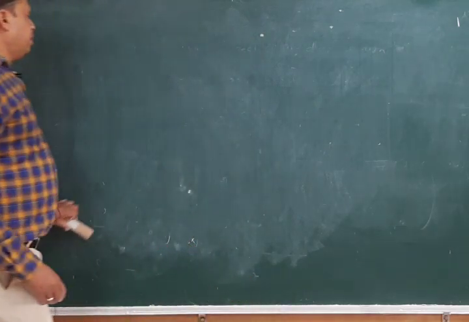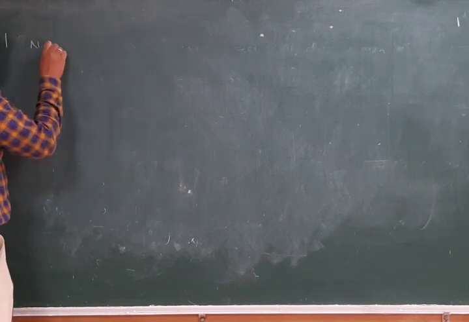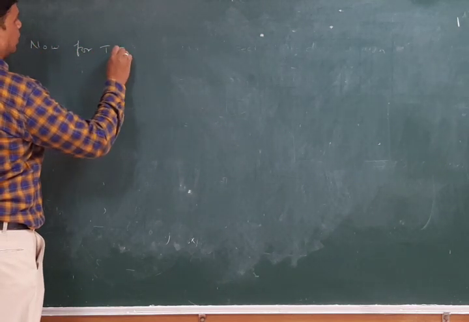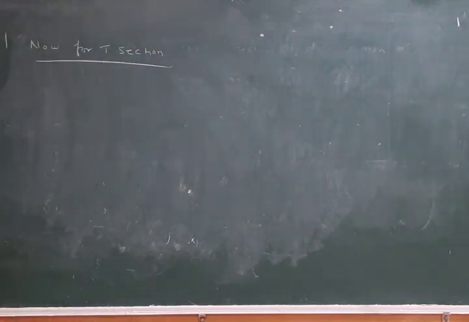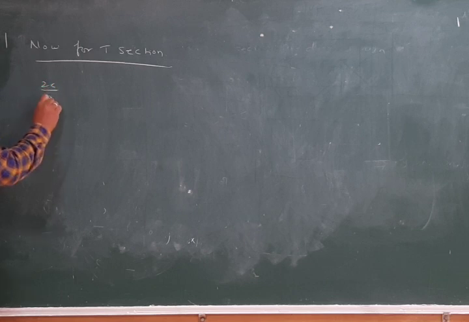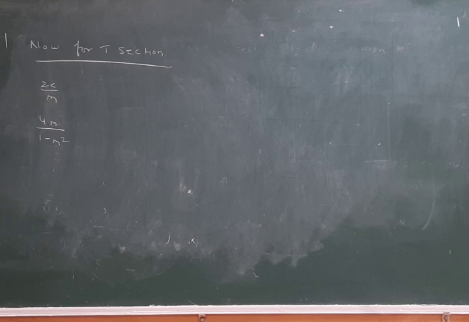For the T section, the parameters will be... till now we have derived for the pi section. Now for the T section, we have to find 2C by m, 4m by 1 minus m square, and also the particular value of L by m.